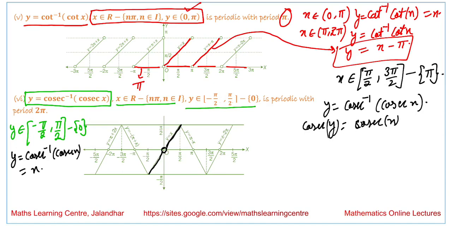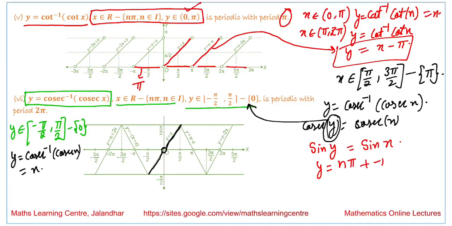The solution we require is that y should belong to this interval. So this equation gives us sine of y is equal to sine of x, and the solution in this case is y is equal to n pi plus minus 1 raised to the power n times x.